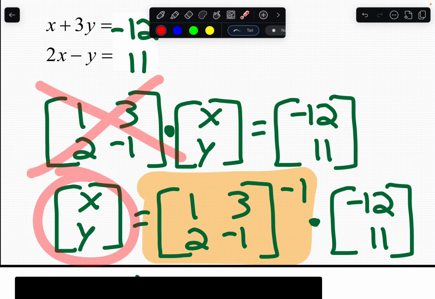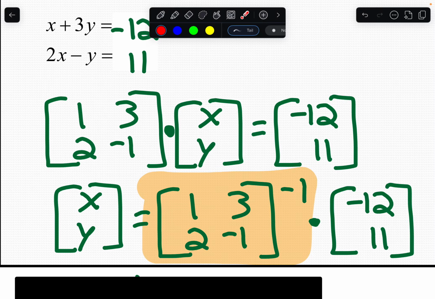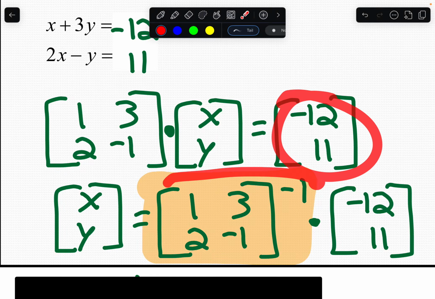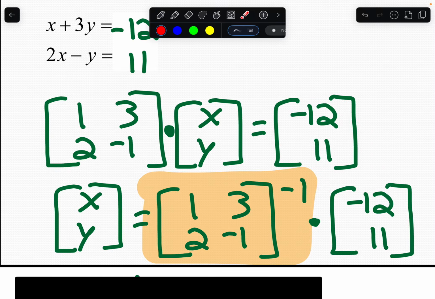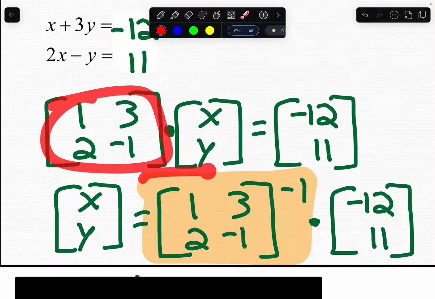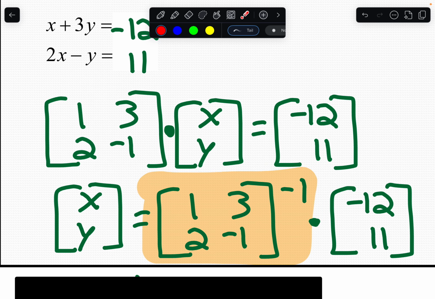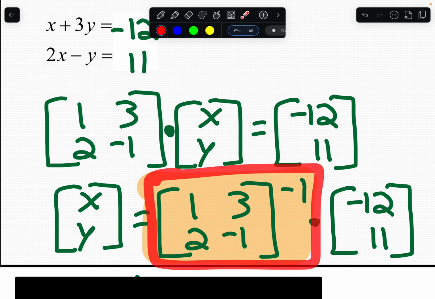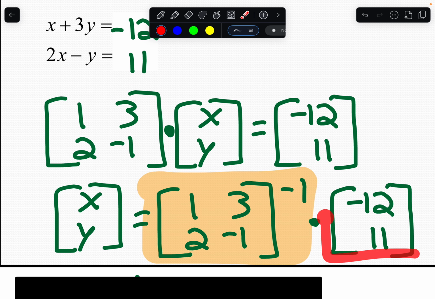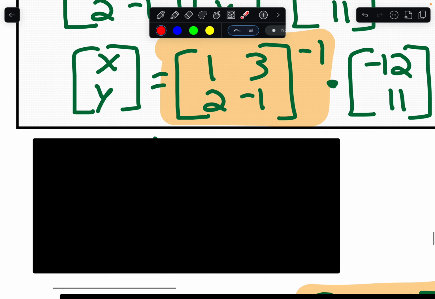So I just get xy. Then these numbers get multiplied by the inverse of our coefficient matrix, the 1, 3, 2, negative 1. So we have to find the inverse of this matrix in order to then multiply it by this one. Okay, so let's find the inverse.